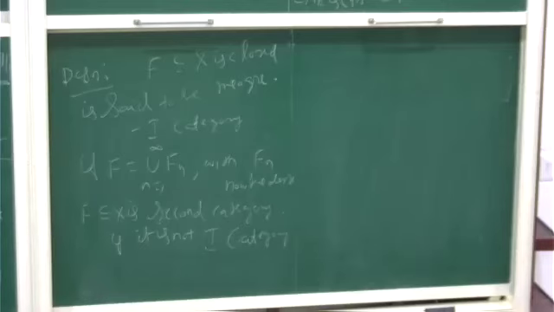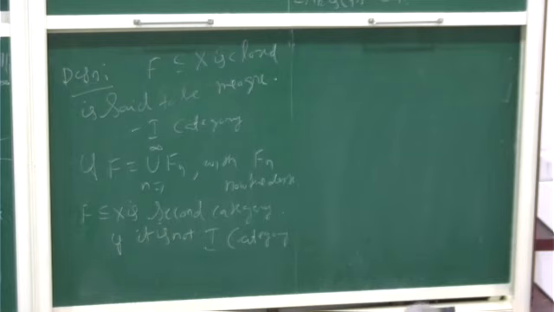Any closed set of what? Second category. That's the definition. For example, rational numbers can be written as a countable union of singletons, which are nowhere dense. That's not something of second category.